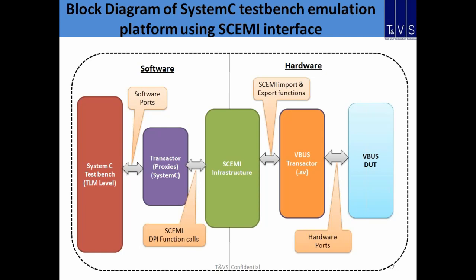The function-based is preferred because with the macro-based, they actually have to instantiate the macro within the RTL. So it's not advisable to do that. They are in the box, but they are not in the actual chip. The actual chip is separate, and the transactor sits only in emulation.